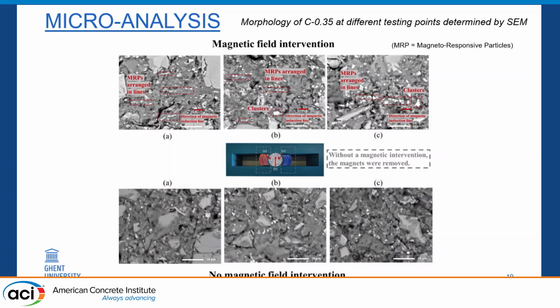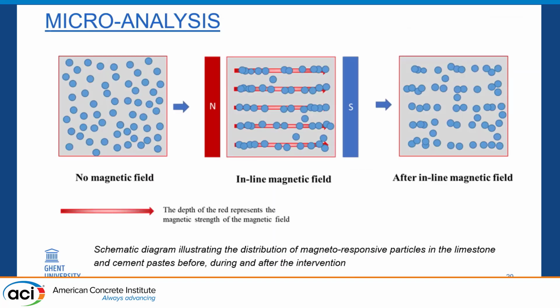It's very nice to see, but it came too late to be included in my presentation, so maybe next time. So what happens as soon as you apply the magnetic field, you get this chain formation which remains at least partly after the application of the magnetic field.